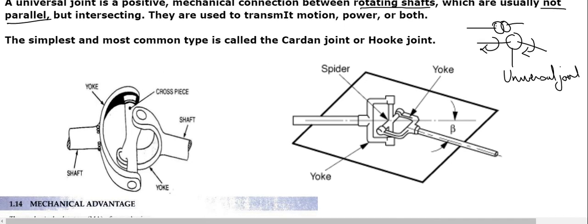So the main components are these two shafts. One shaft is horizontal, the other shaft is inclined. There will be an angle between those two shafts.